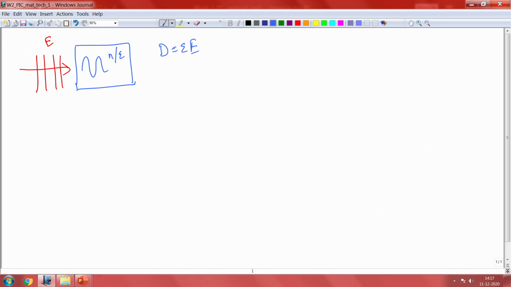Now we all know that this is all a function of frequency. So for a given electric field of a certain frequency, epsilon and the displacement field are also functions of frequency.